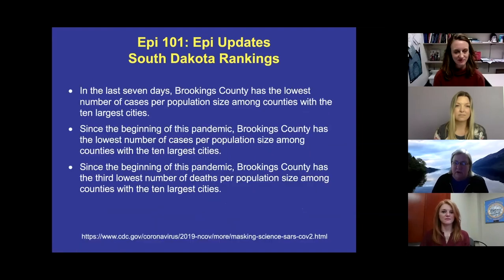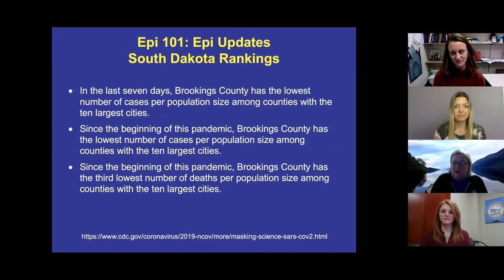And so in the last 7 days, Brookings has the lowest number of cases per population size among counties with the 10 largest cities. They also have the lowest number of cases since the beginning of this pandemic. A lot of that's because the state had such a big increase lately, and Brookings hasn't.